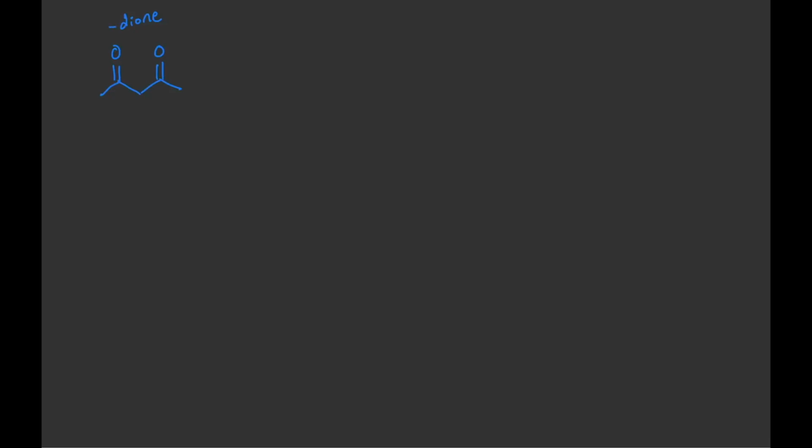Okay, and then as I mentioned before, our base that we're going to use is sodium methoxide. So we have sodium, positively charged, and then we have methoxide. And methoxide is just OCH3, so an oxygen with a methyl group.